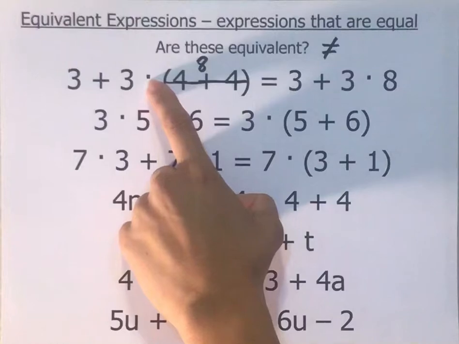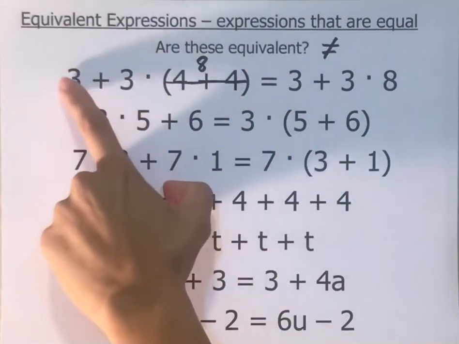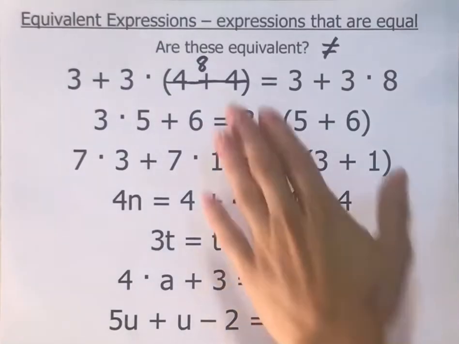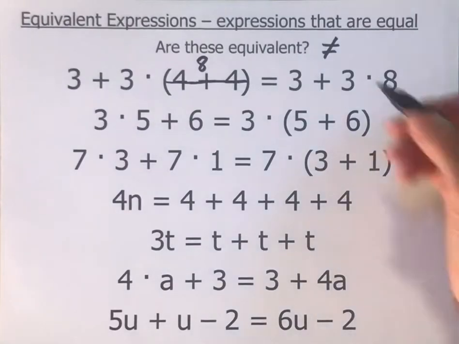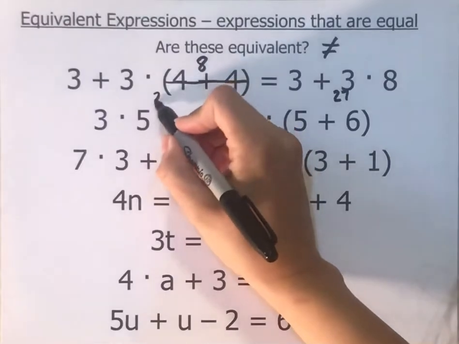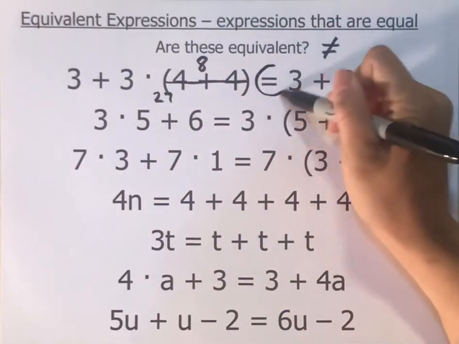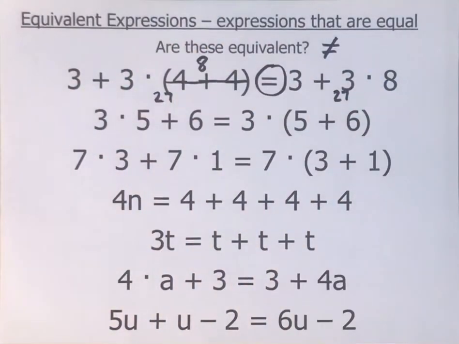And 8 times 3, oh, that looks the same on this side. 8 times 3, and then we add 3. When we do 8 times 3 and we add 3, you get 27. So this side would equal 27, which this side also equals 27. So these are equal or equivalent expressions. So we would keep the equal sign.